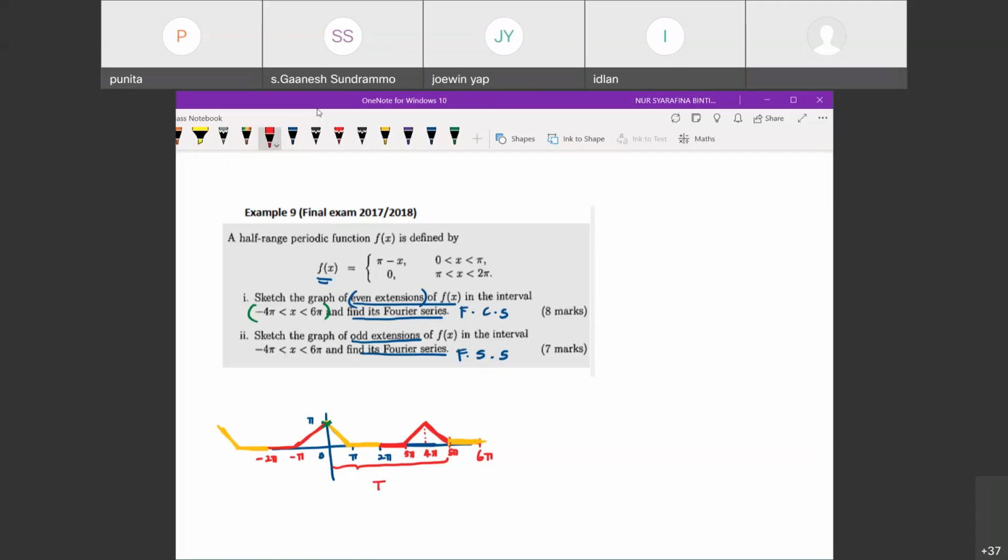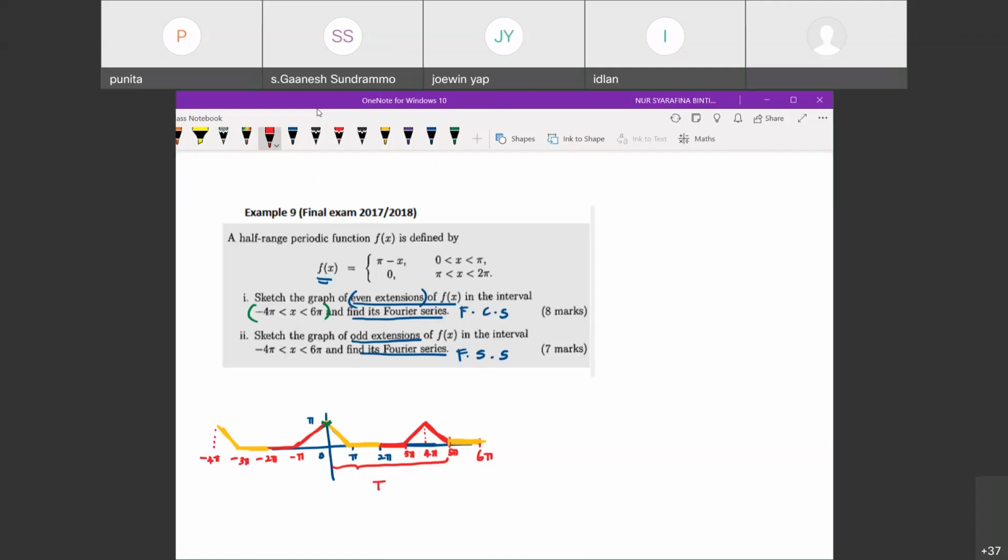Then this one, negative 2, negative 3, negative 4 pi. So from negative 4 pi, now this is the given range from negative 4 pi to 6 pi, and this is the extended graph.